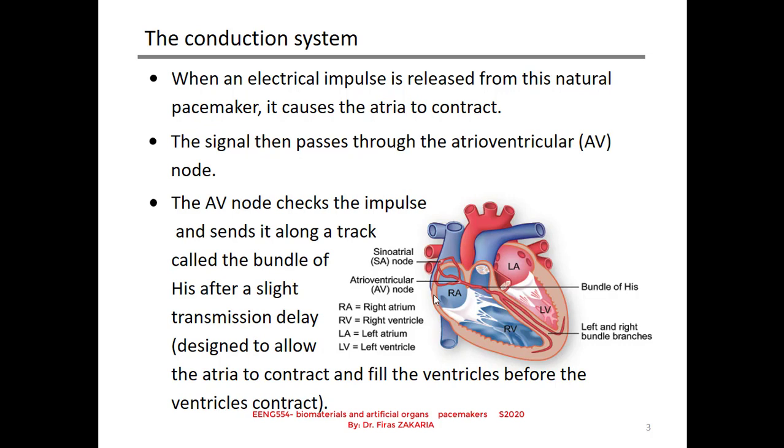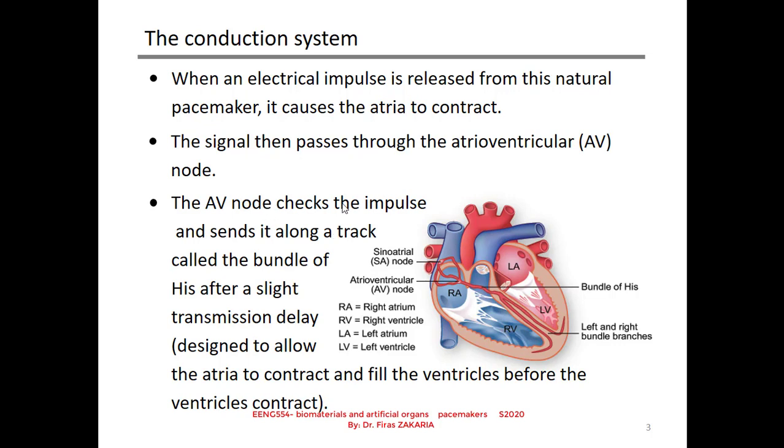It delays the electrical impulse. Why? To ensure that the atria have ejected their blood into the ventricles. So the AV node waits until it makes sure that the atria fully eject the blood into the ventricles.